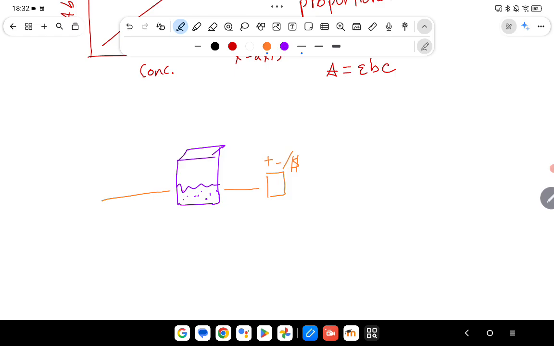It kind of takes that difference. So that's all you really need to understand: the light passes through the sample, and then some device at the end reads how much light got absorbed by the sample. Basically, how much light didn't make it.